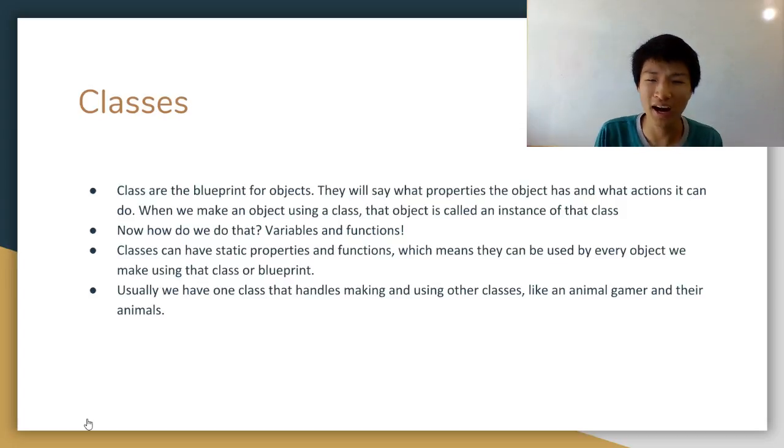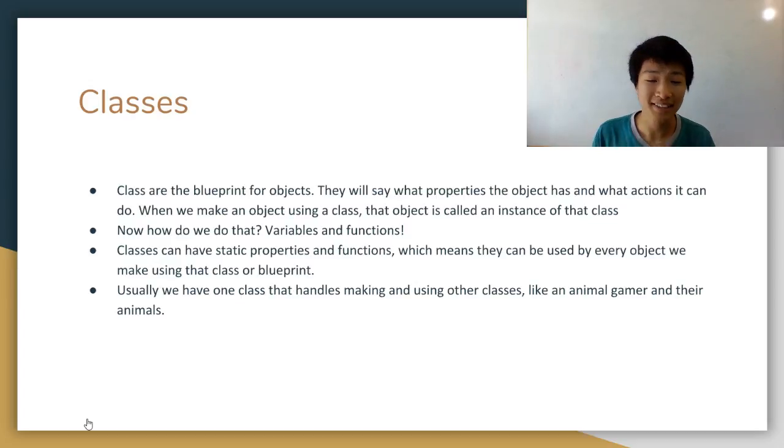And so now how do we do that? How do we make the class say the properties and the actions that the object can do? Well, we give the class variables and functions, the two core things that we have been learning about until this point.